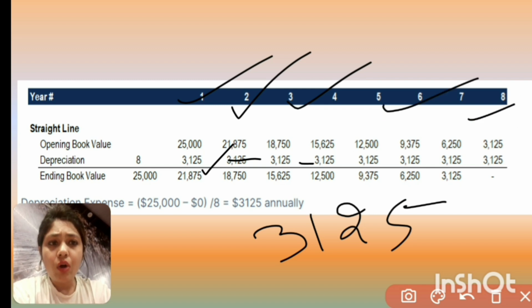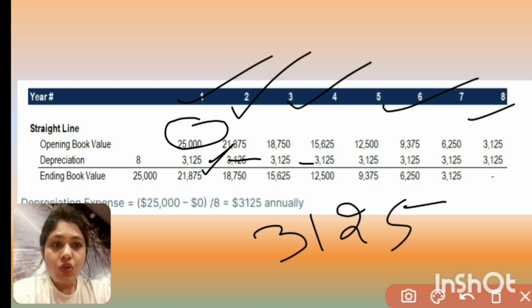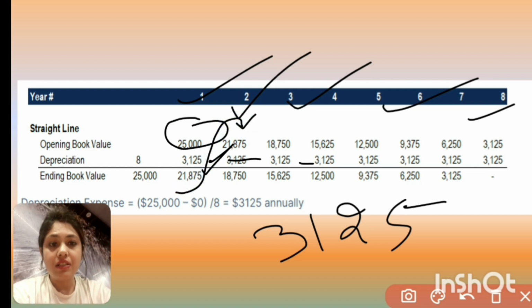How am I computing the depreciation? This is the cost of my asset, minus depreciation in the first year. When I subtract this, I get 21,875. Now this will be the opening balance in the next year. Second year the opening balance will be 21,875.